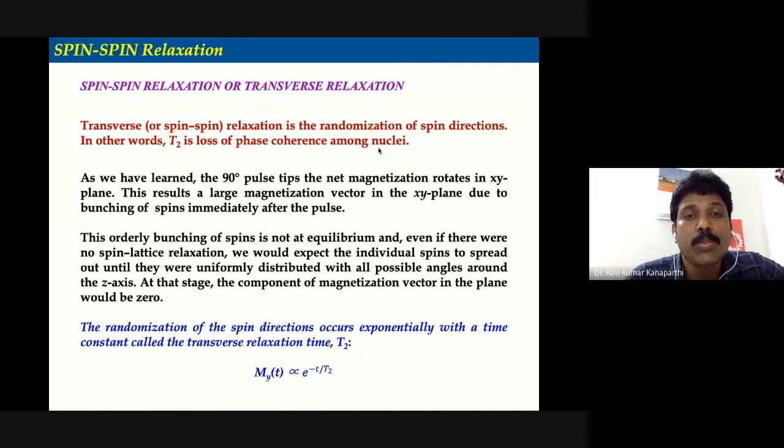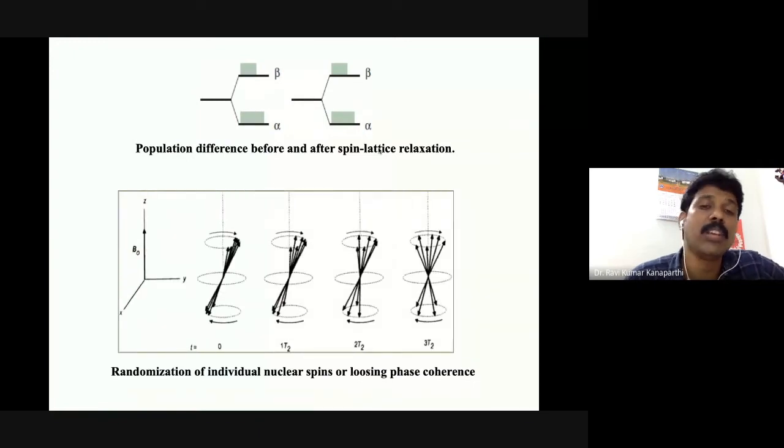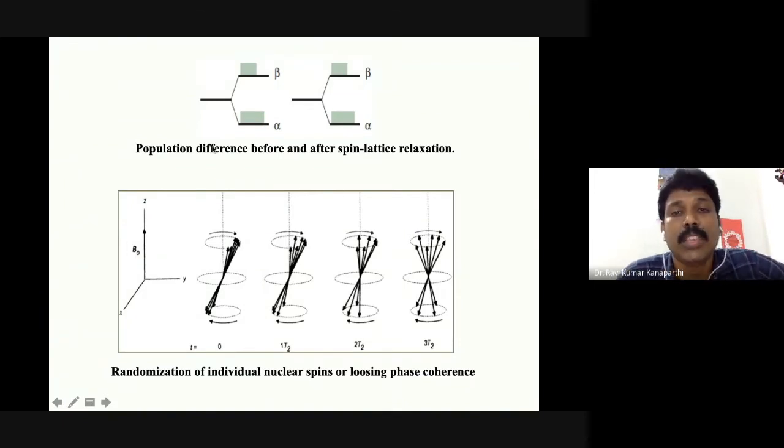This T2 is very interesting and very important for us to know, and this is what I was trying to refer to. Please remember the population difference here doesn't change.